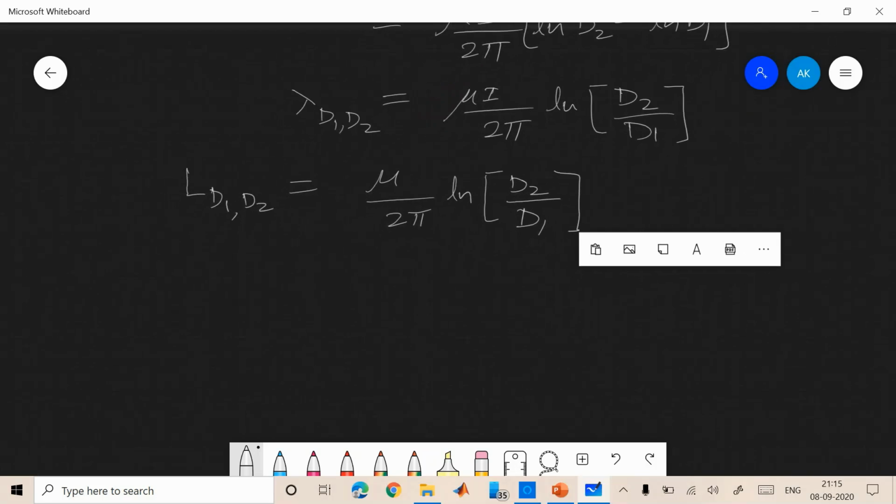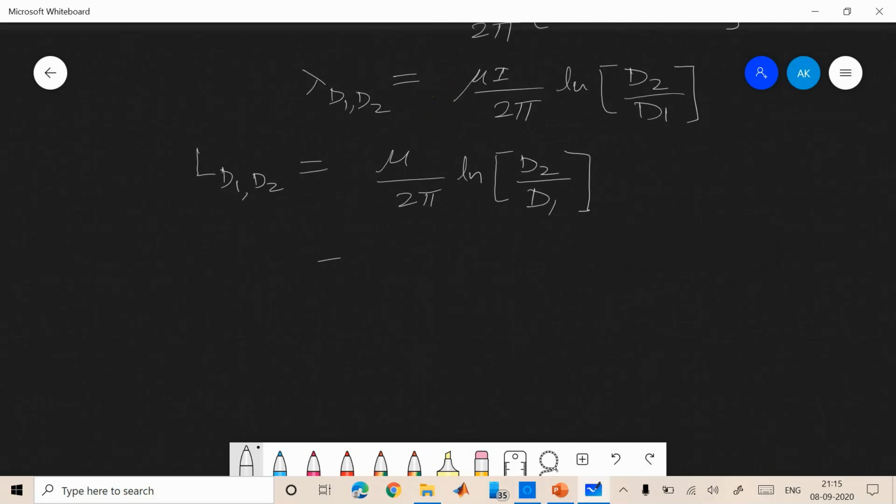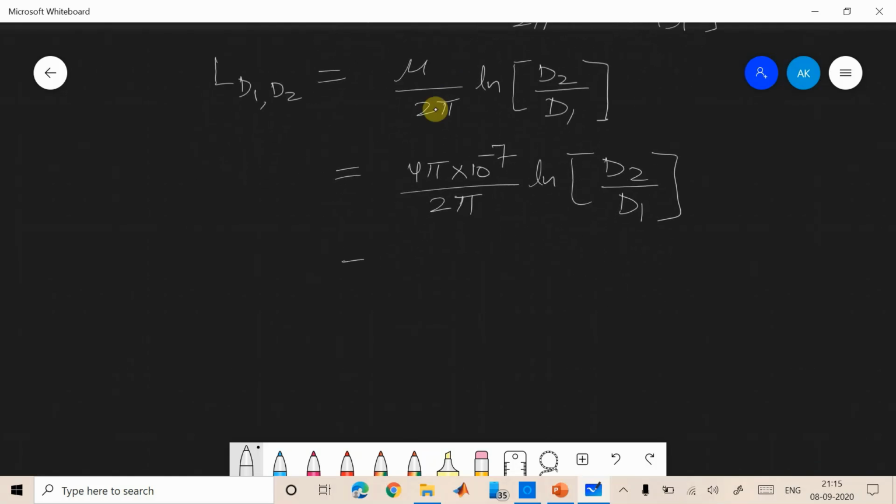Okay. Put the value of mu. It will be 4 pi into 10 raised to power minus 7 over 2 pi ln D2 by D1. Okay, so on simplification you will get 2 into 10 raised to power minus 7 ln D2 by D1.